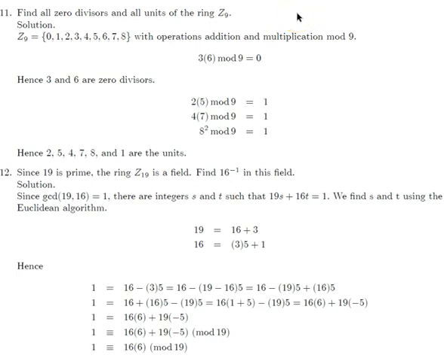Problem 11. Find all zero divisors and all units in the ring Z9. The elements of Z9 are the numbers from 1 to 8, and the operations are addition and multiplication mod 9.